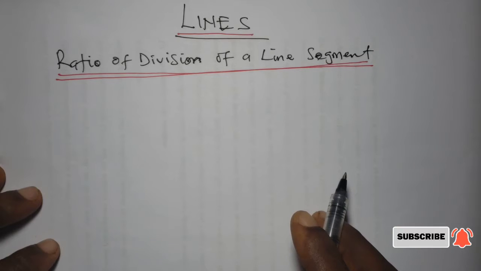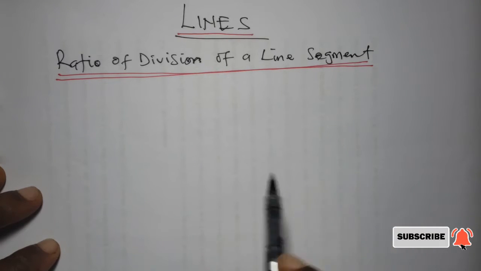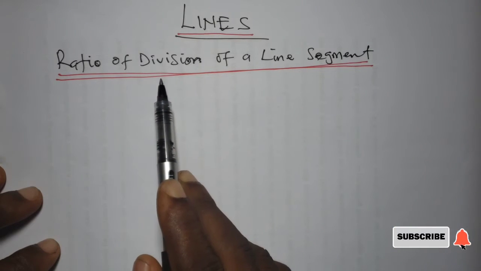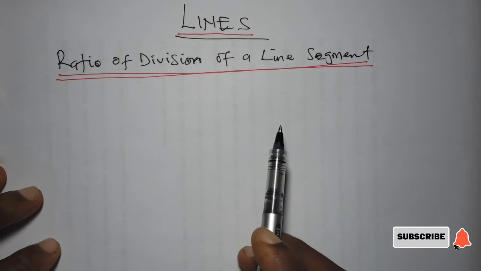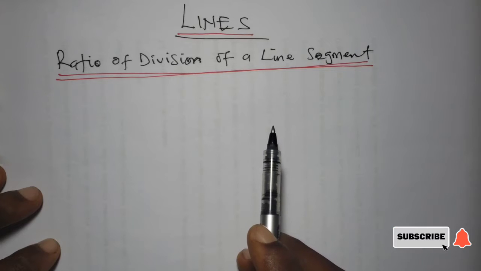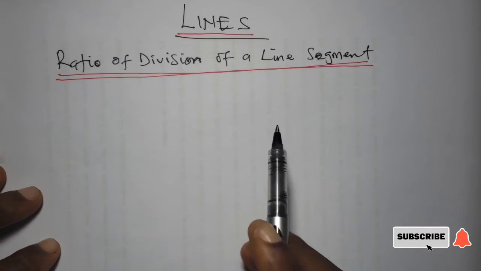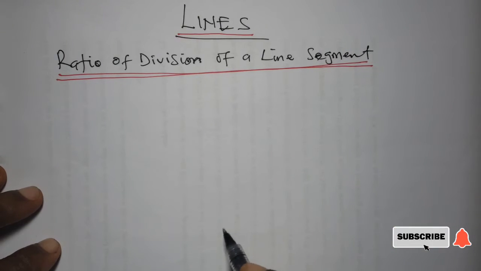Today we shall be discussing the topic lines, and in particular we'll be looking at the ratio of division of a line segment. So let us quickly try to understand what today's lesson will be talking about.